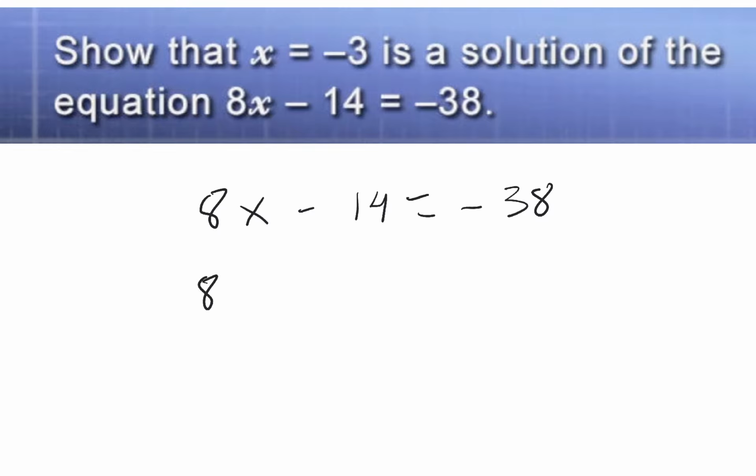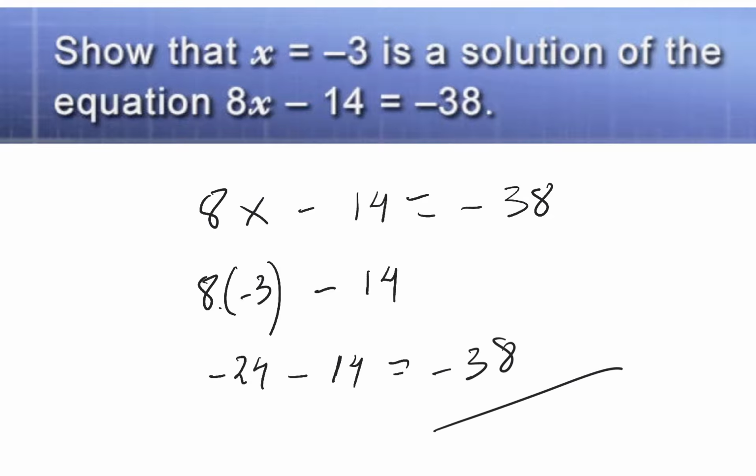I will insert minus 3 for the x, so it will read 8 multiplied by minus 3, minus 14. 8 multiplied by minus 3 is minus 24. Minus 24 minus 14 is minus 38. So it's true. This equation is solved when x equals minus 3, because x equals minus 3 converts the equation into a true statement.